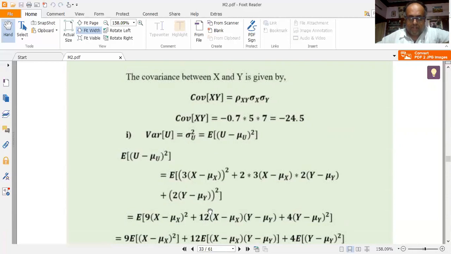Let me write it. U is given by 3x plus 2y.